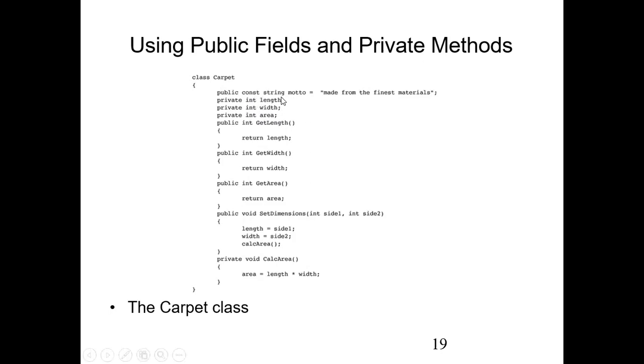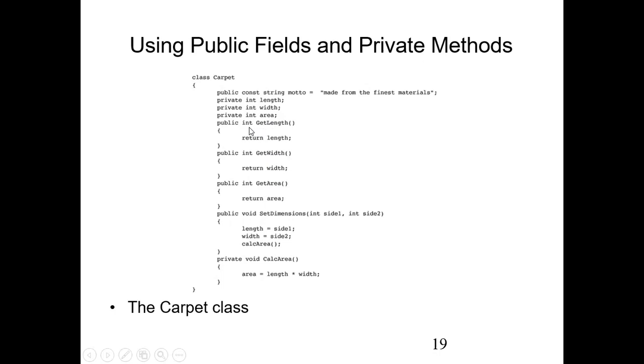However, when you look at the other fields that are here, length, width, area, these ones are all private. Because they are private, for other classes to be able to read from these variables, we need to provide getters. So then you have get length, get width, and get area. Now, remember, whenever you use the method get, it must return a value.